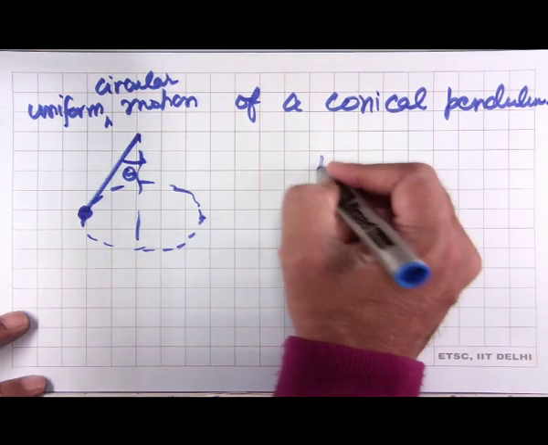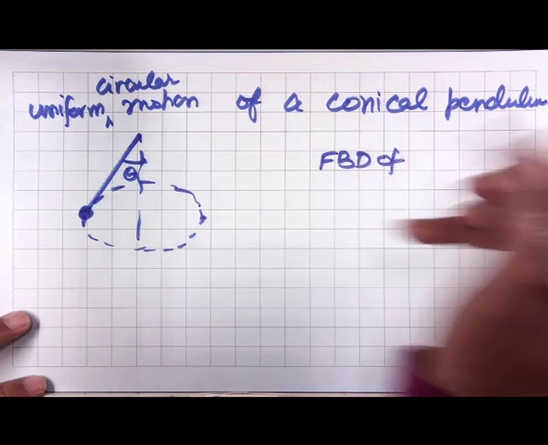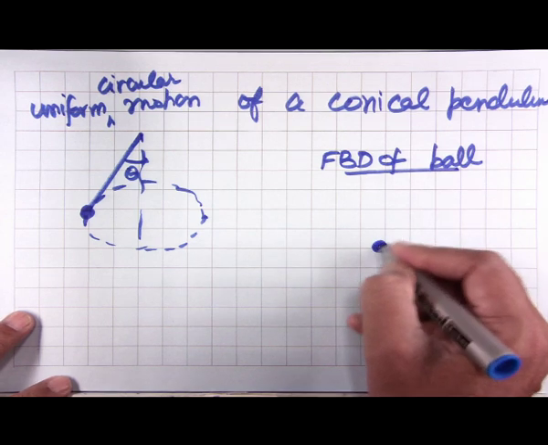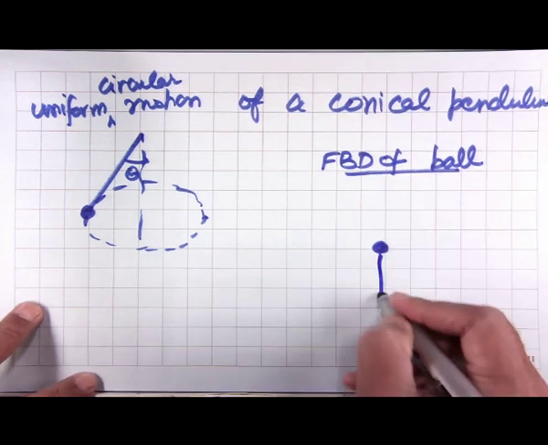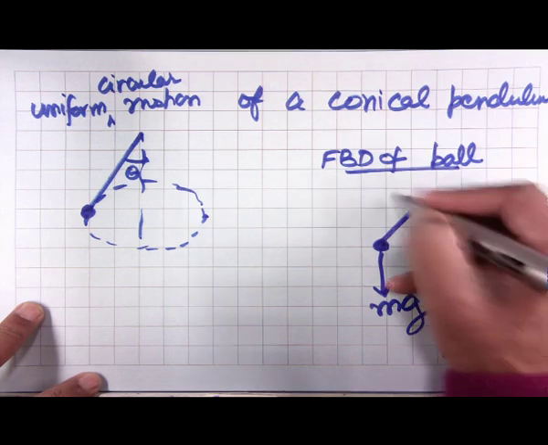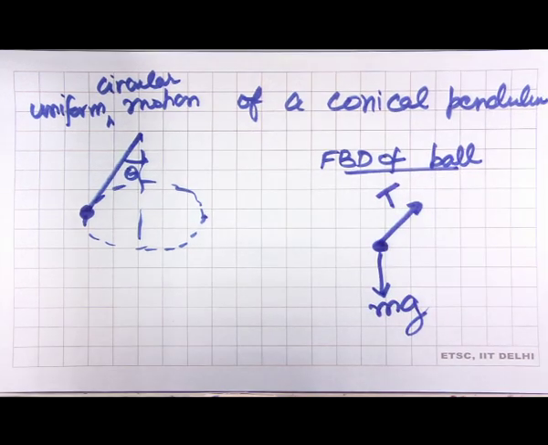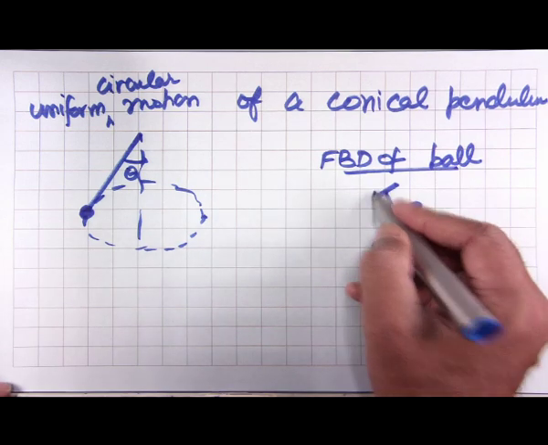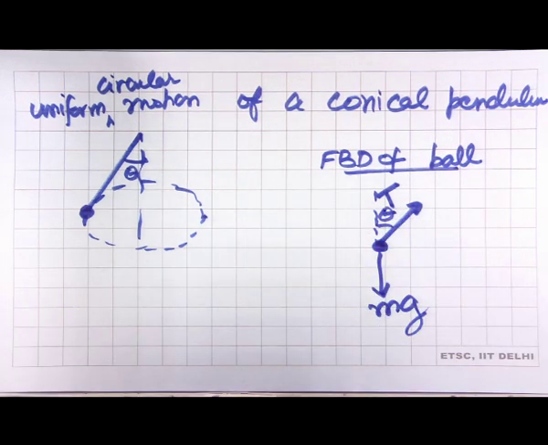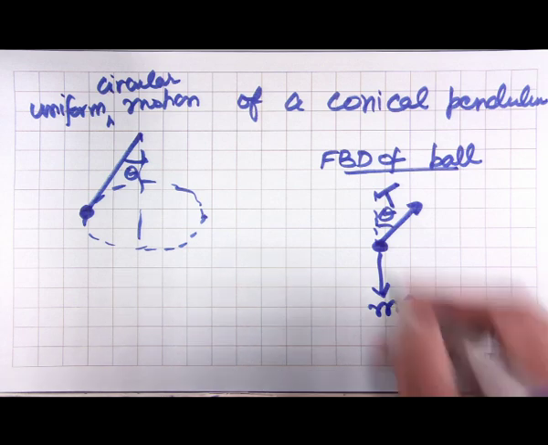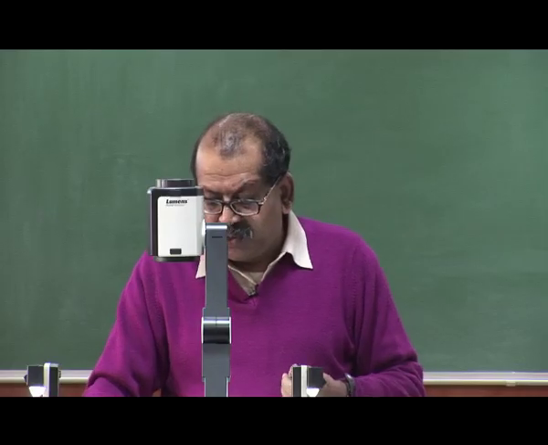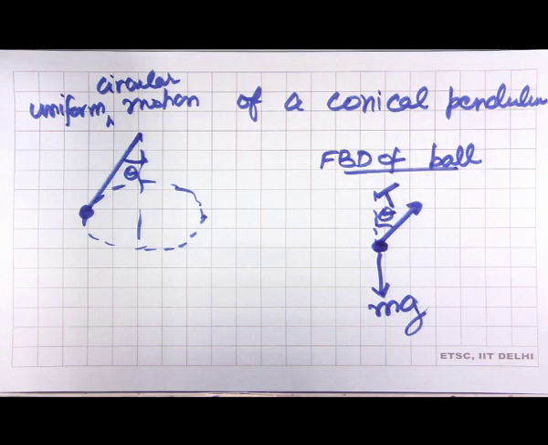If I draw the free body diagram of the ball of the pendulum, I have its weight acting downwards, and the force in the string, which we call tension T, at the angle theta which the string makes with the vertical. These are the only two forces acting on the ball: the weight acting downwards and the string force T.